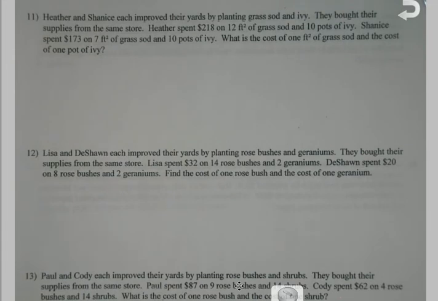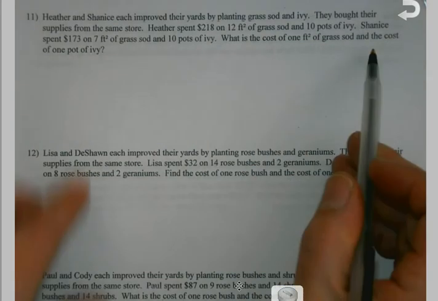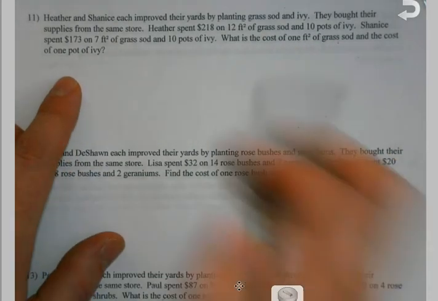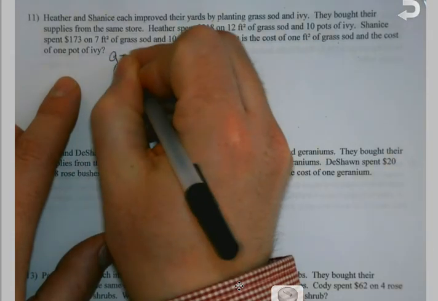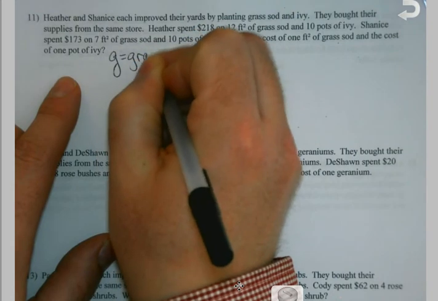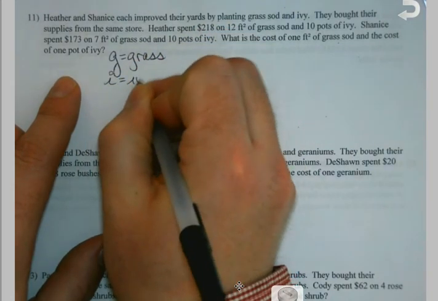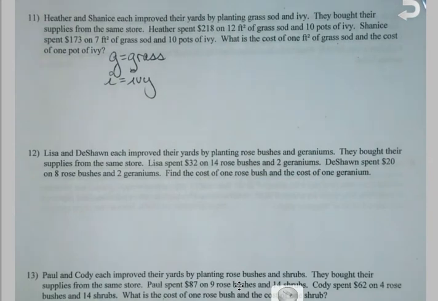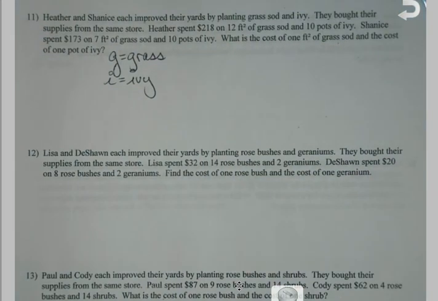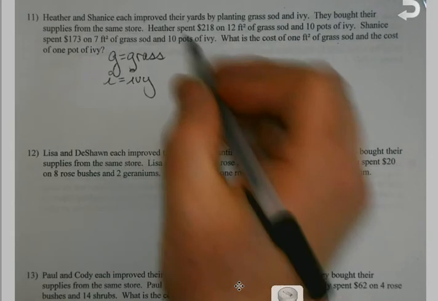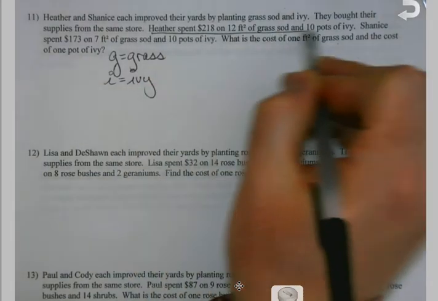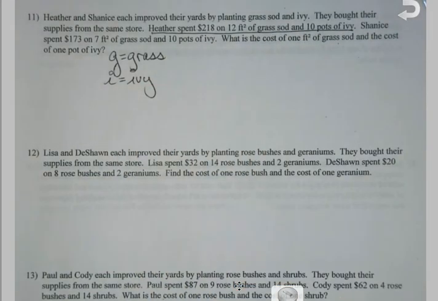Okay. They're being nice. They're telling us here at the end what we got here. So I'm going to call G the grass, and I'm going to call I the ivy. And again, any variables you want, you can do whatever you'd like with. But it looks like our setup is going to work the same way as the last ones did.